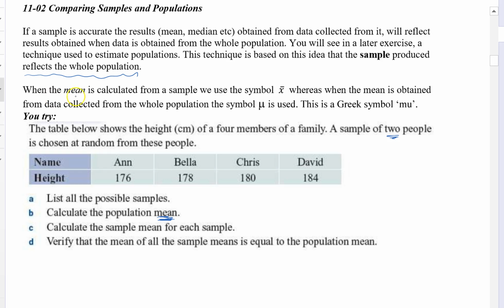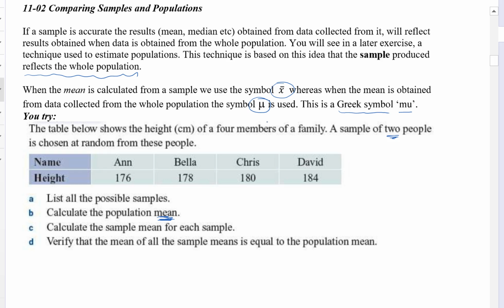You know that the symbol we use for the mean is this symbol. And if we're getting the mean of a sample, then we will commonly use that symbol. If you're getting the mean of a whole population, you use this. It's a Greek symbol. We call it mu, and it's this shape.